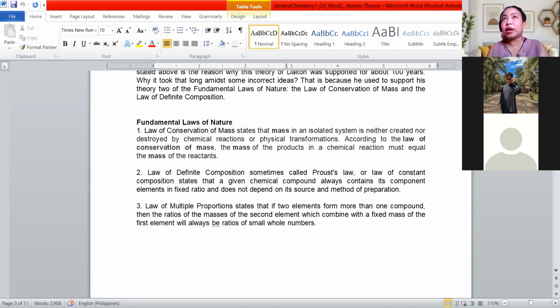We call one methane, which is made up of 1 carbon with 4 hydrogen. Then we call another ethane, which is made up of 2 carbons and 6 hydrogen. And then another we call propane. We have 3 carbons and 8 hydrogen.